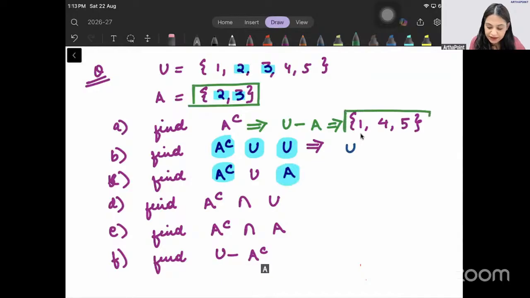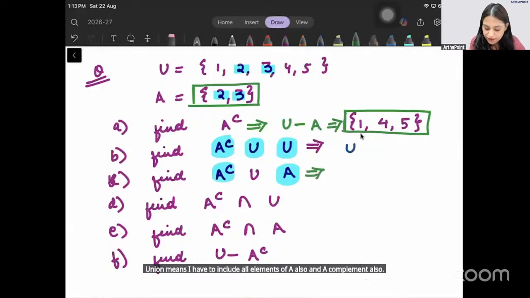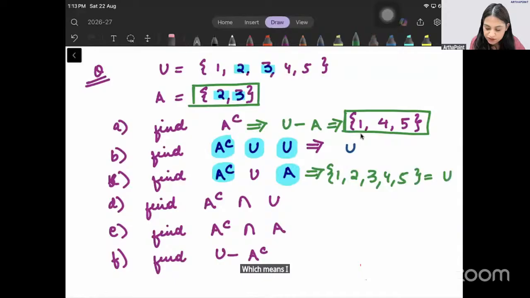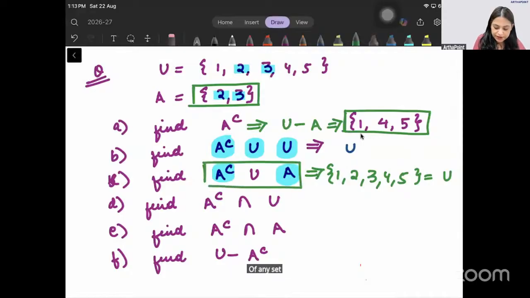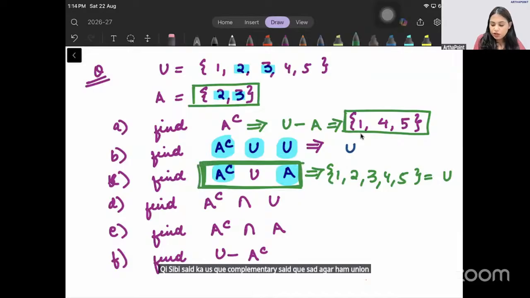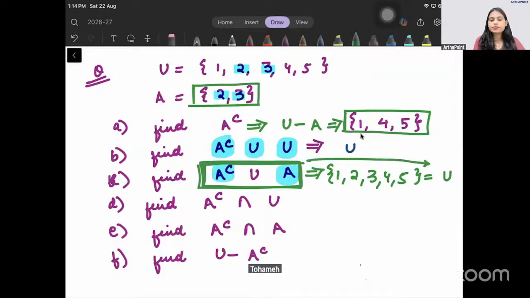A complement में है 1, 4, 5. Union means I have to include all elements of A also and A complement also. So if I will do union, I will get 1, 2, 3, 4, 5, which means I will get the universal set. So property that whenever we do union of any set with its complementary set, किसी भी सेट का उसके कॉम्प्लीमेंटरी सेट के साथ अगर हम यूनियन करेंगे तो हमें यूनिवर्सल सेट मिलेगा.